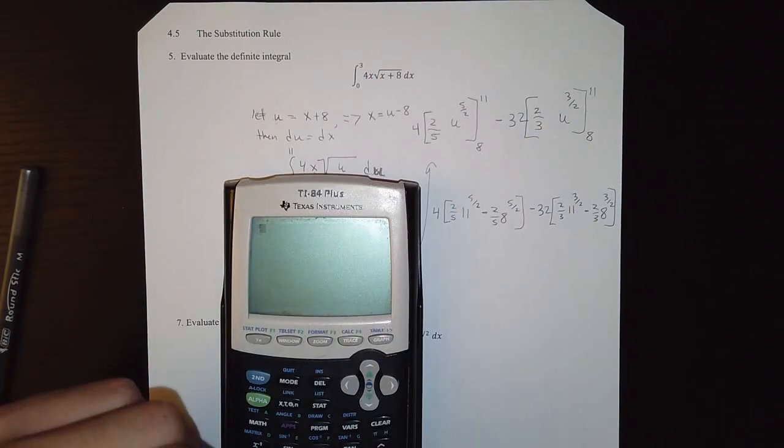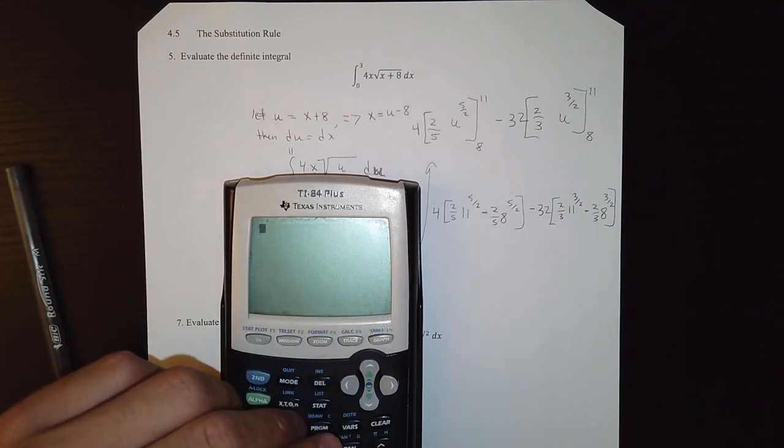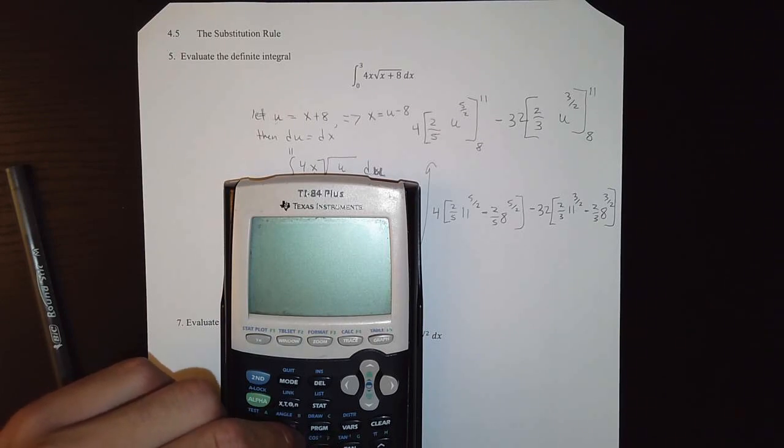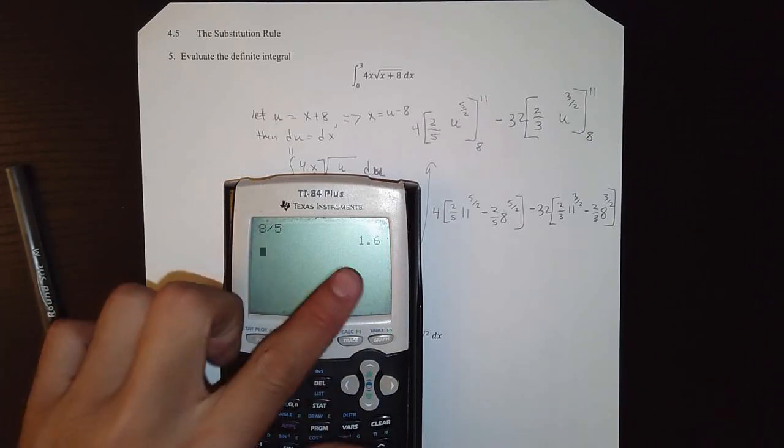In order for me to find the answer to the problem, I'll use the calculator to help. What I'm going to do is 8 divided by 5 and click enter. That's going to give me that number.